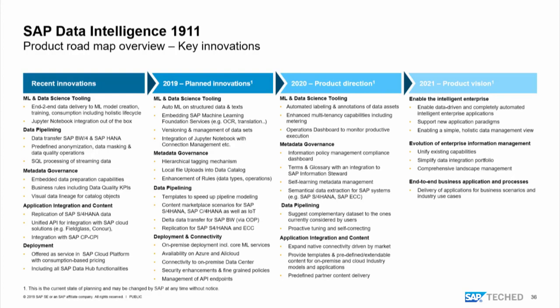Deployment and connectivity: I showed you the existing connectivity options already. Data intelligence is right now being offered as a service on AWS, so cloud platform AWS. So what we are doing there is we are extending that on more regions. So we would like to have global coverage until end of the year for Asia, for US East, US West, and of Europe is already there.